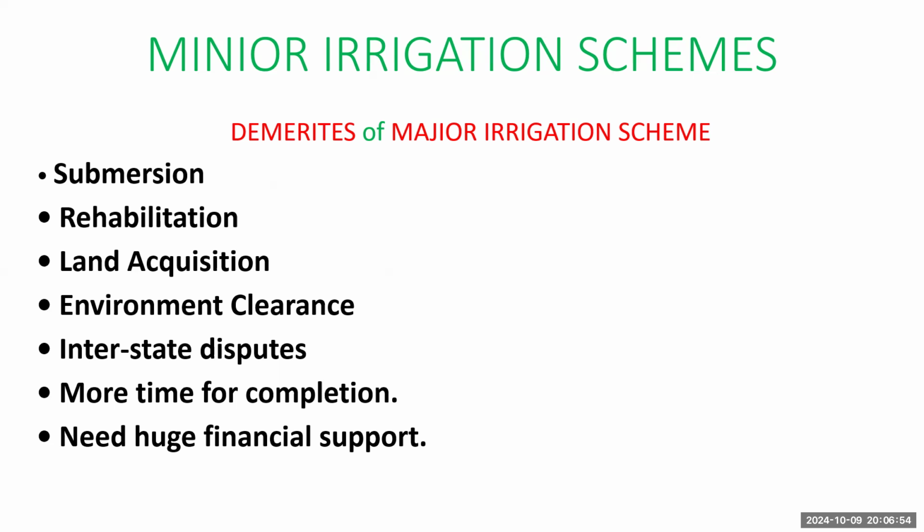The second important demerit is the cost of rehabilitation. When these villages are shifted to a new location, their rehabilitation is essential. It is the duty of the government to provide new land for agriculture and to establish new Gaothan areas. So rehabilitation cost is major in case of a major irrigation project.